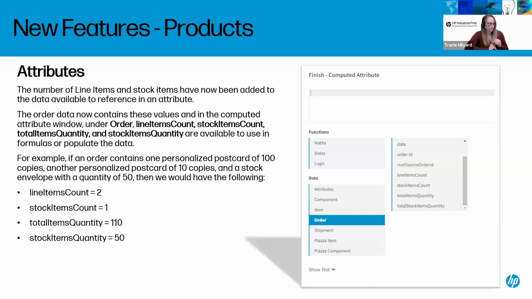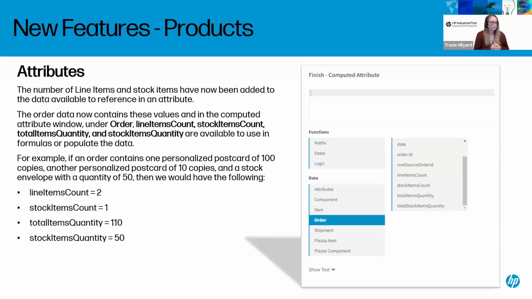So the order data contains line items count, stock items count, total items count, total items quantity, and stock items quantity. And they're able to be used to create a formula.